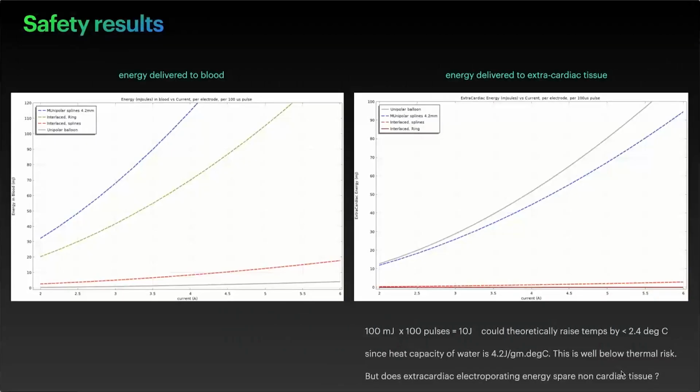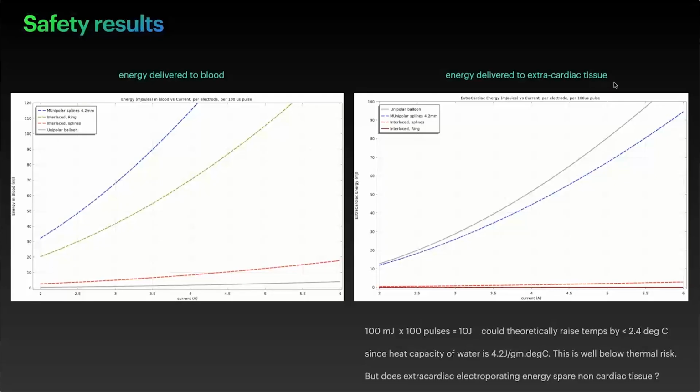Now, in terms of safety, and this has to do with the choice of energy delivery configuration, the multi-unipolar, that is, all the electrodes energized simultaneously, quickly escalates in terms of the energy in the blood. This is current. This is energy for a 100 microsecond pulse. The interlaced ring also has a lot of energy in blood.